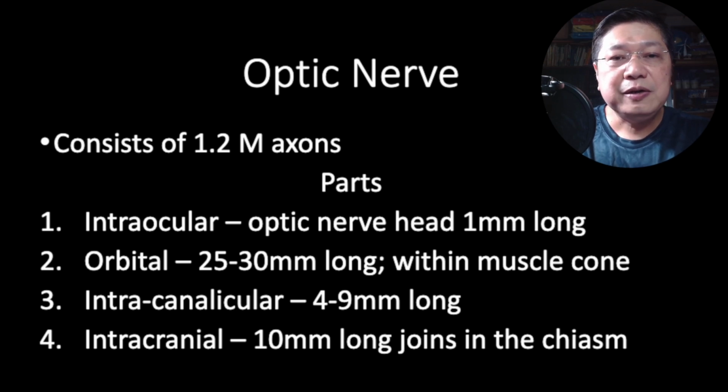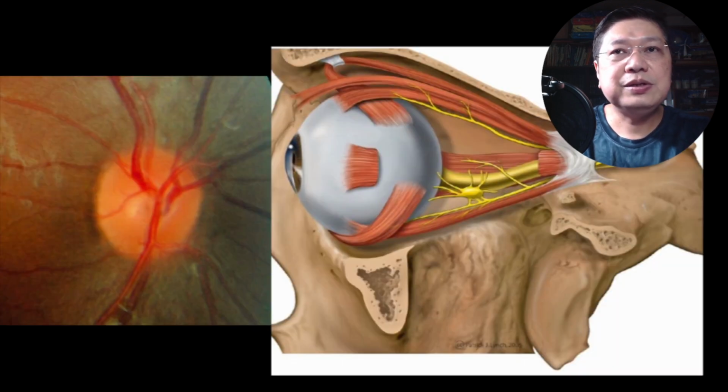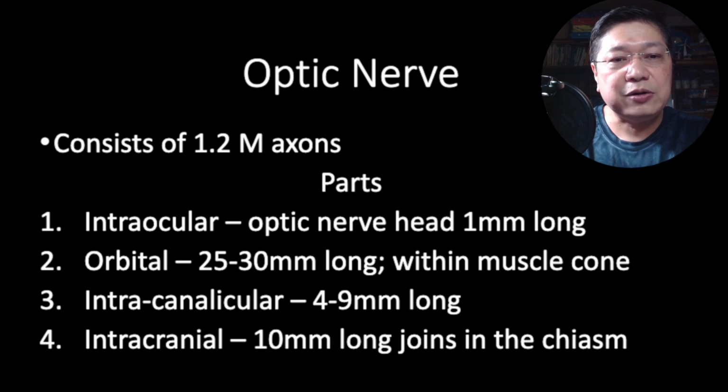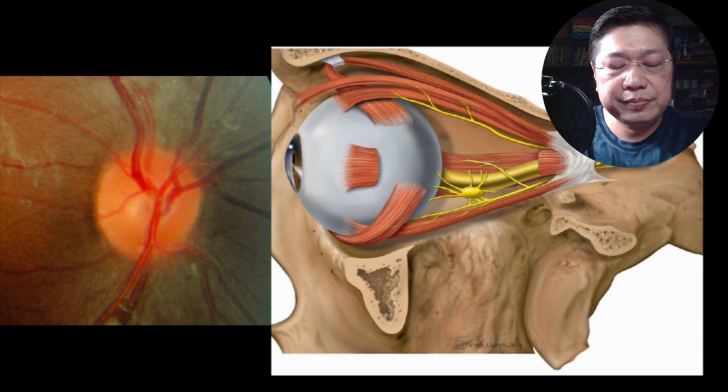The chiasm is where the optic nerve merges with the other optic nerve. So this is the front part of the eye. This is what you see in your fundoscopy. This is the intraocular part, this part is the one inside the canal, and this part is the one inside your muscle cone.